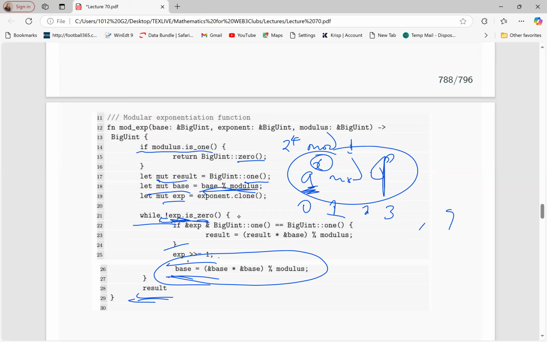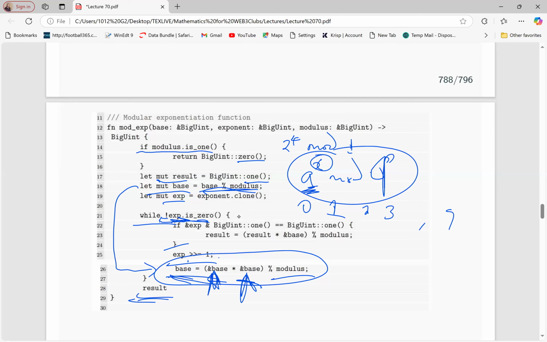How do you change the base? We had the initial base here. If you discover that the exponent is greater than or equal to 1, your new base now becomes the original base squared, then the result divided by the modulus, and you take the remainder.